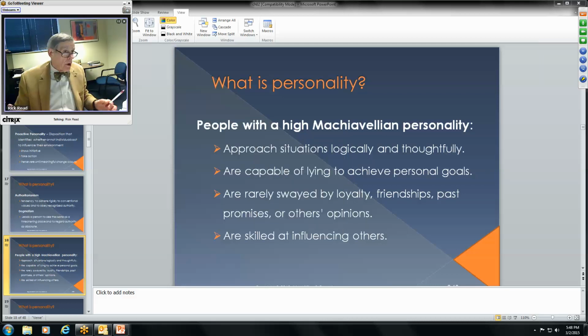Notice the first thing that Machiavelli does, or his personality does, is approach things in a logical manner. But notice the second thing. They're capable of stretching the truth to get what they want. Now, I submit to you that that's not logical. Using falsehoods is not logical.